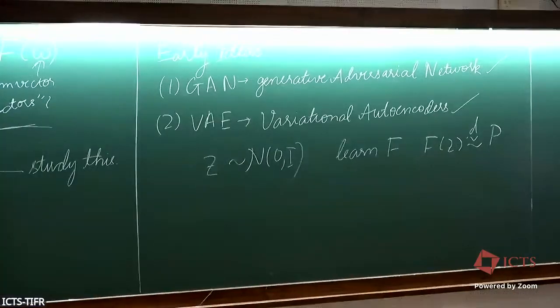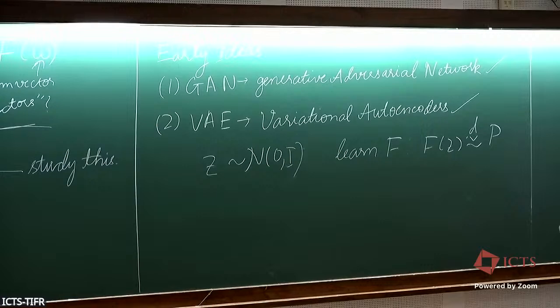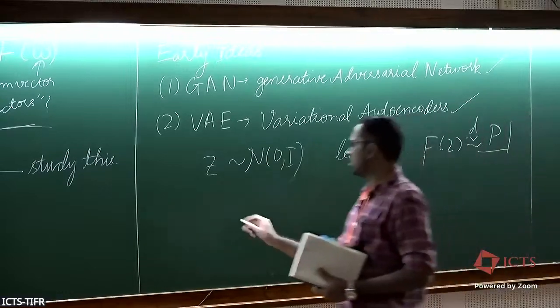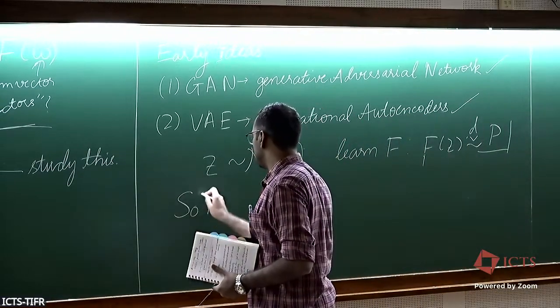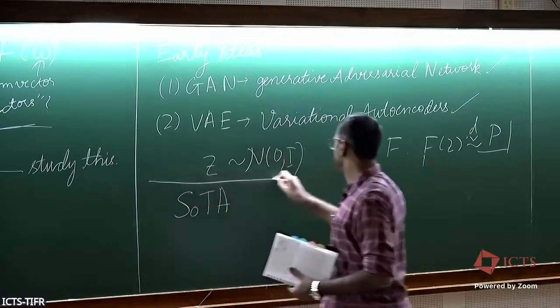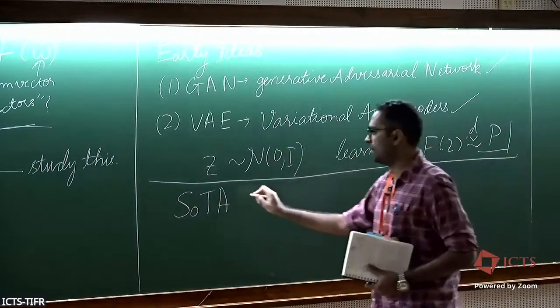So this is what GANs and VAEs do. And one hypothesis is that doing this is hard. You can't just learn this very intricate function which just calculates something on a Gaussian random vector and then suddenly gives you something very intricate and meaningful, right? So okay, therefore these days the SOTA models are diffusion or flow based models.